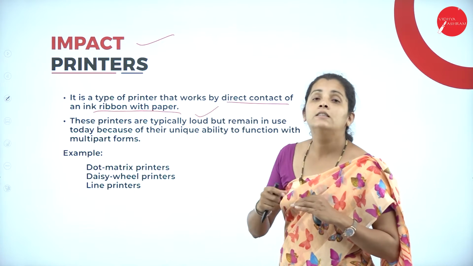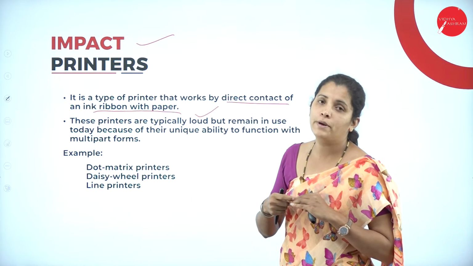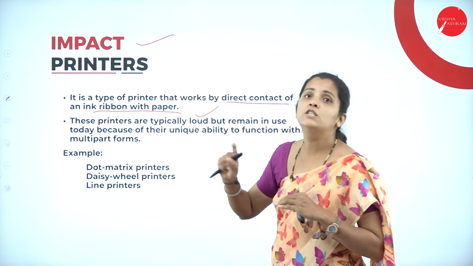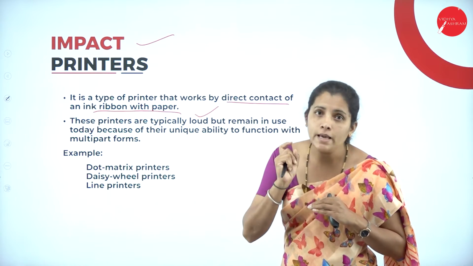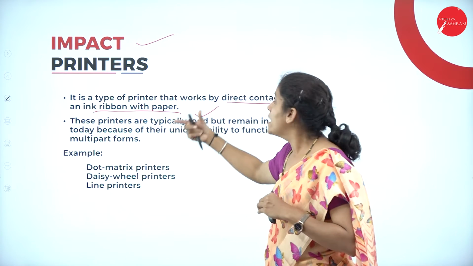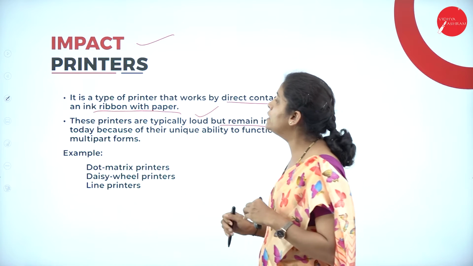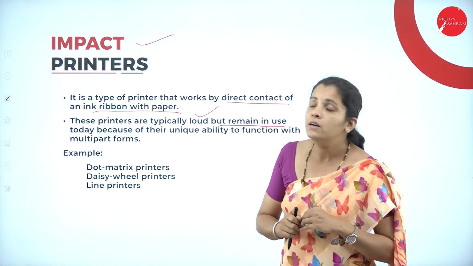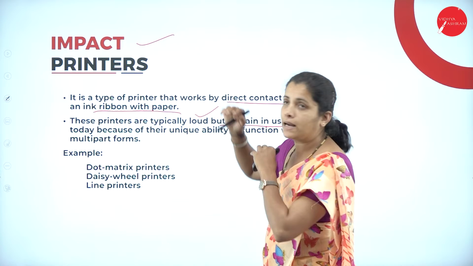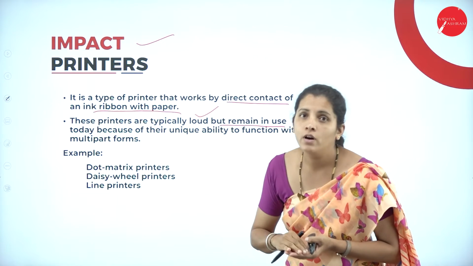That means it produces excess noise because the pin is going to strike the paper. For that reason, it produces heavy noise, but it remains in use because by using an impact printer, we are able to print a large amount of printout.